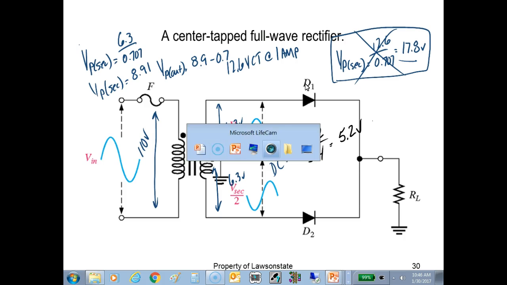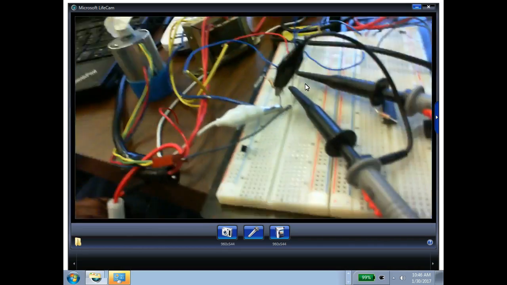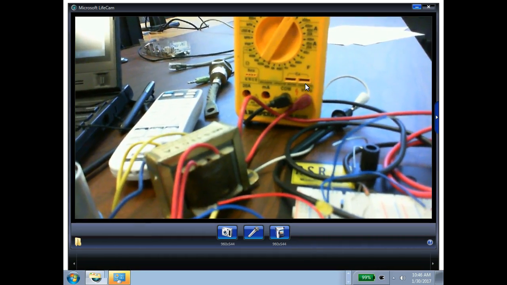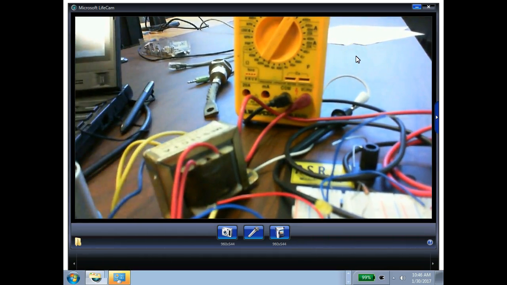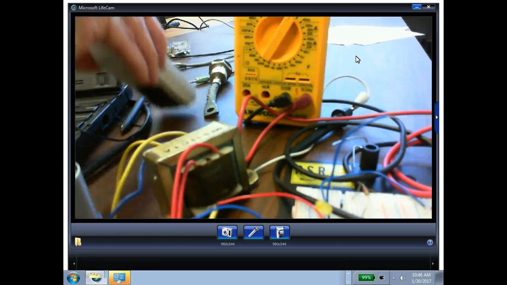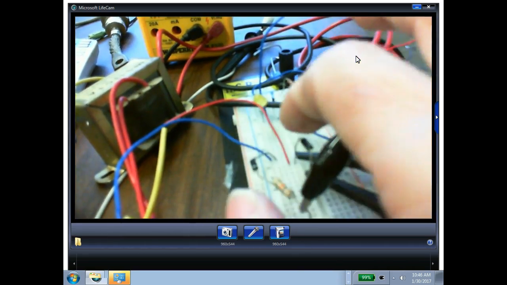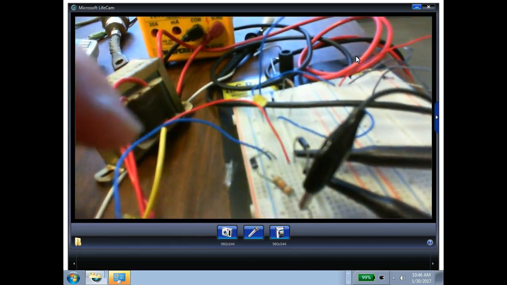So, here's our circuit. Oh, sorry, I did roll. So here's our two diodes. We've got both, if it focuses in there.